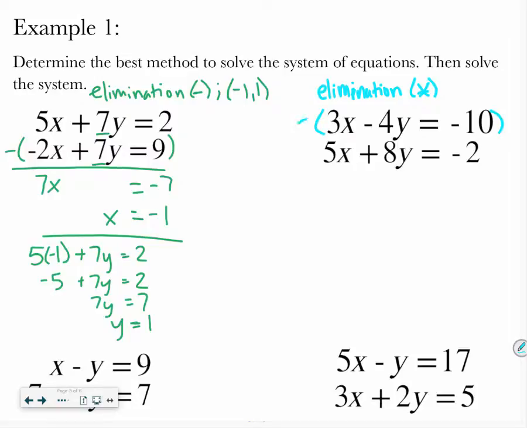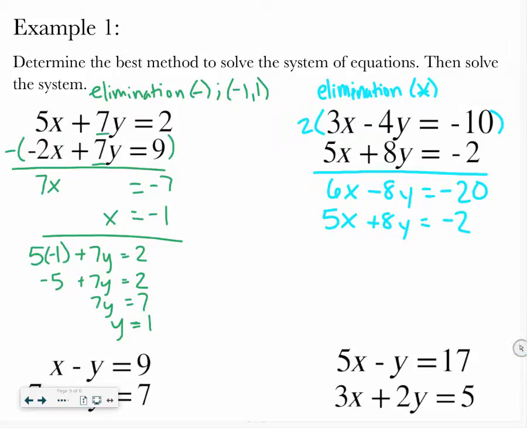So I'm going to multiply everything by 2. So I'm going to have 6x minus 8y equals negative 20. And then this one just carries on. Now I have two signs that are opposite of each other, so that means I'm going to add. So I have 11x equals negative 22. X equals negative 2.